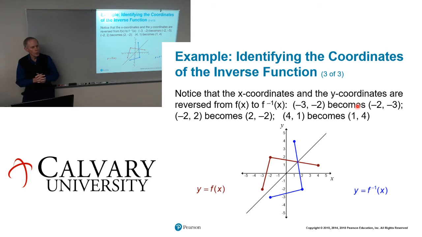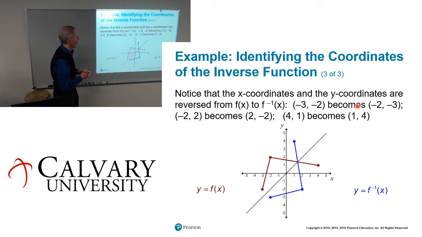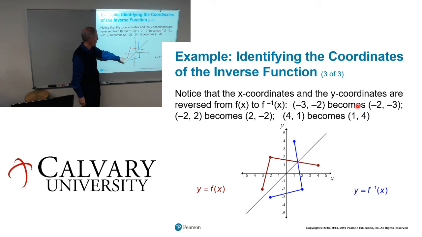So just replace points. If you have this first point over here, -3, -2, reverse the x and y's. So if x is -3 and y is -2, that becomes -2, -3, which is right here. Then the -2, 2, which is right here, becomes 2, -2, which is right over here.